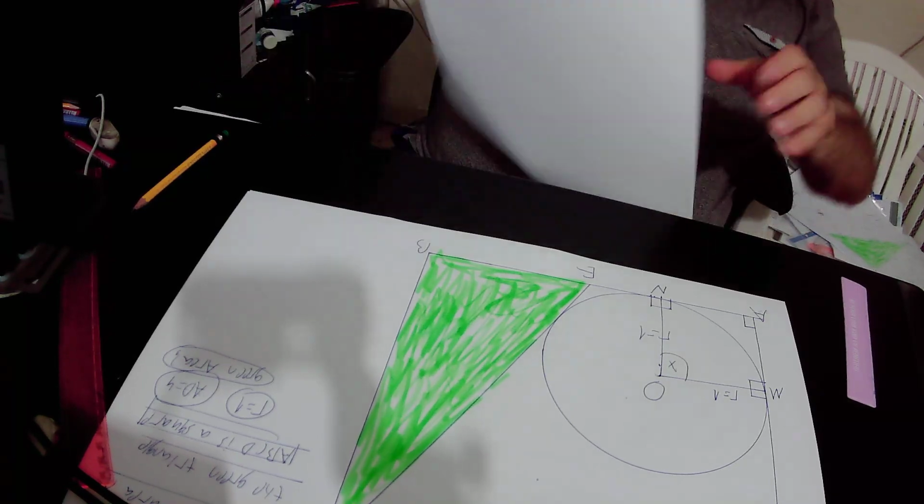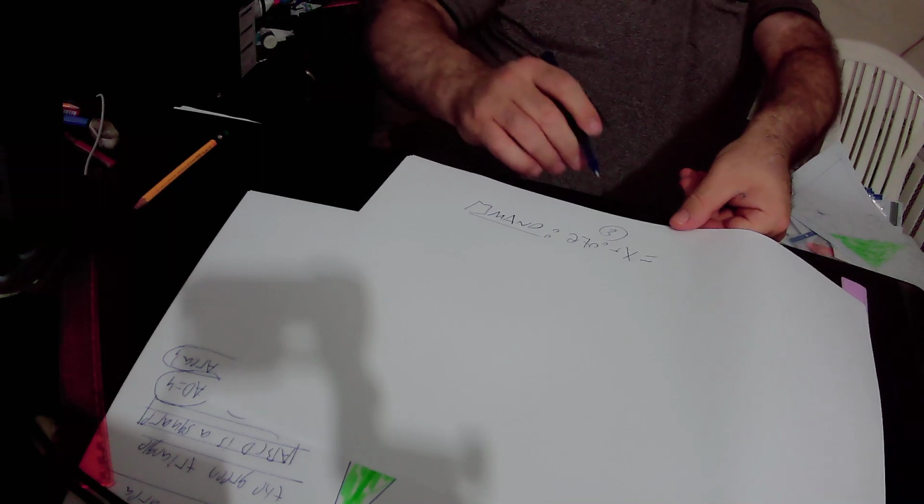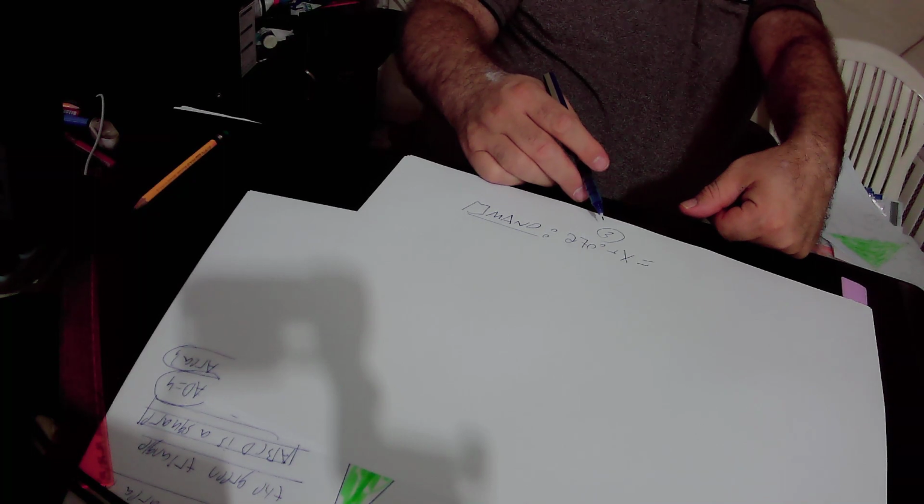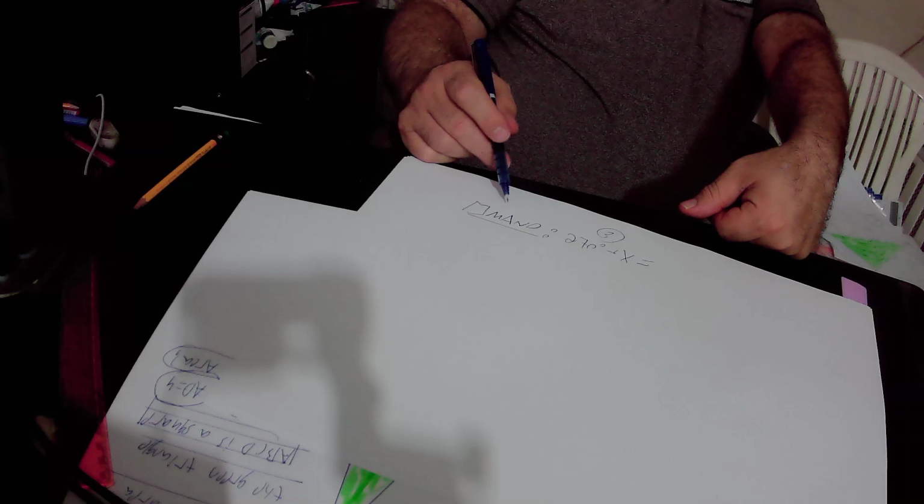I will repeat again: 270 degrees plus angle X is the sum of the four angles inside quadrilateral MOAN.